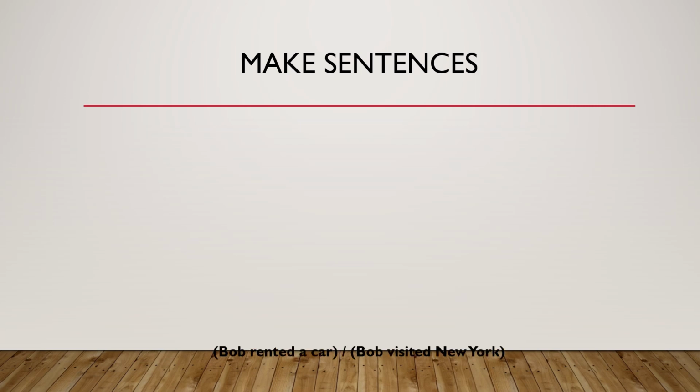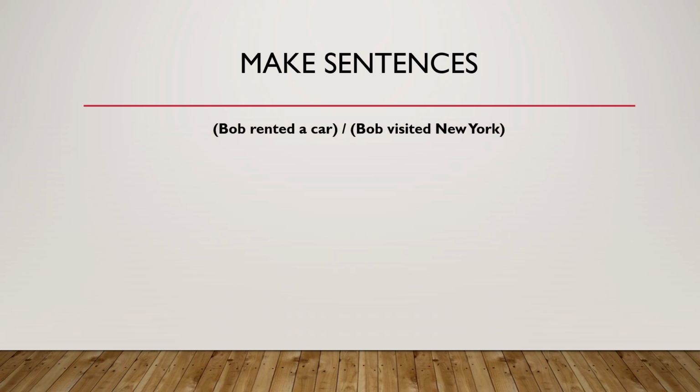The next cues. Bob rented a car. Bob visited New York. How can you join this information? Let's check. Repeat after me. Bob rented a car while he visited New York.